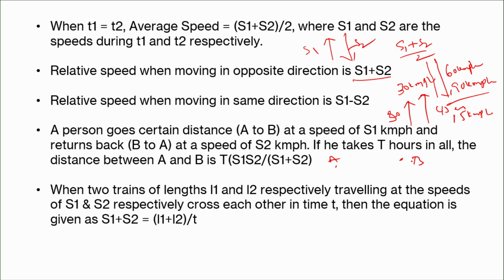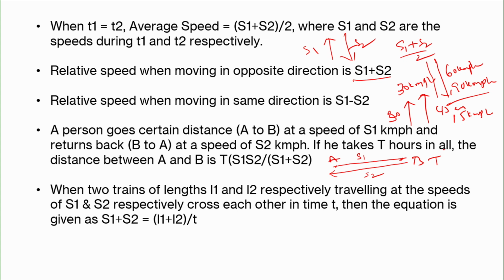First he travels from a to b at speed s1, then he returns from b to a with speed s2. The total time taken for travelling from a to b and b to a is t.